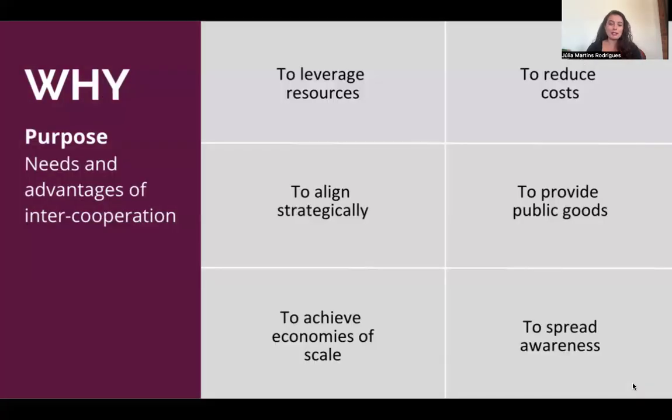why do cooperatives form networks? Why work together with other co-ops? The purpose of cooperation reflects the needs and benefits of intercooperation. While the specific reasons might change depending on the context, we often see a combination of factors driving co-ops to network.